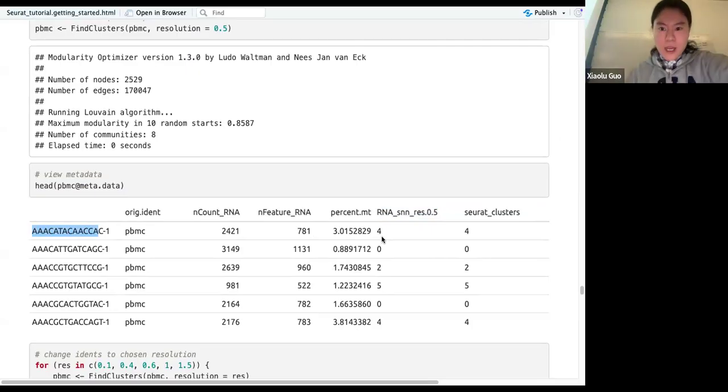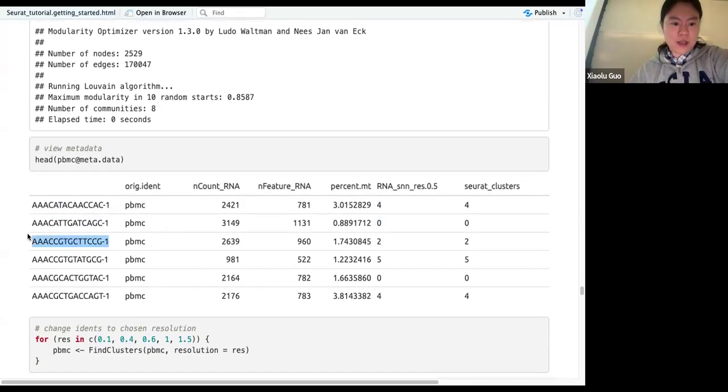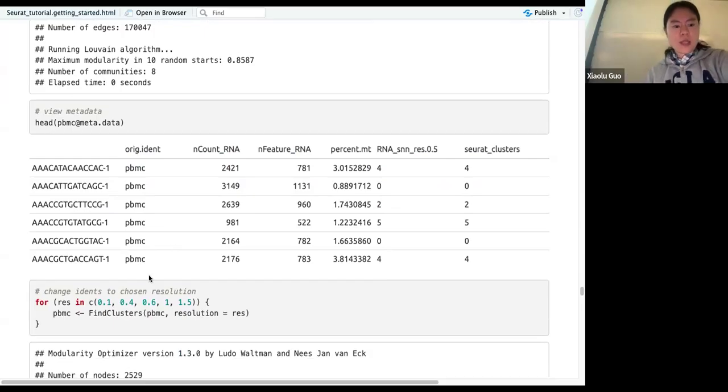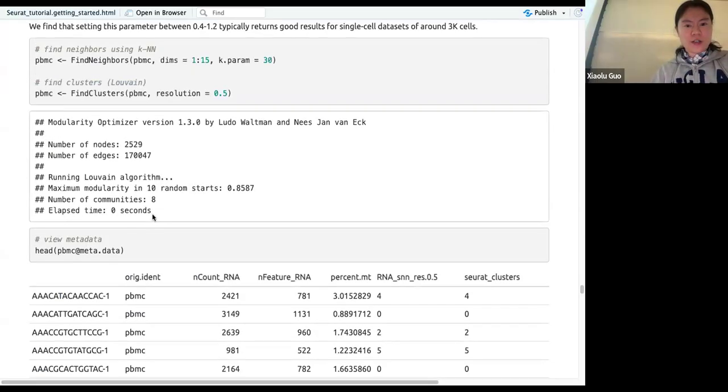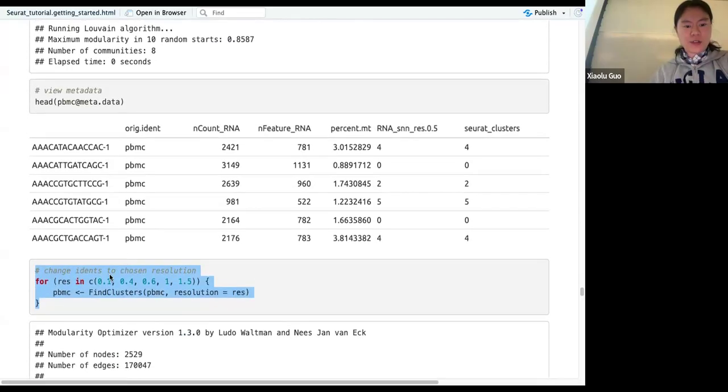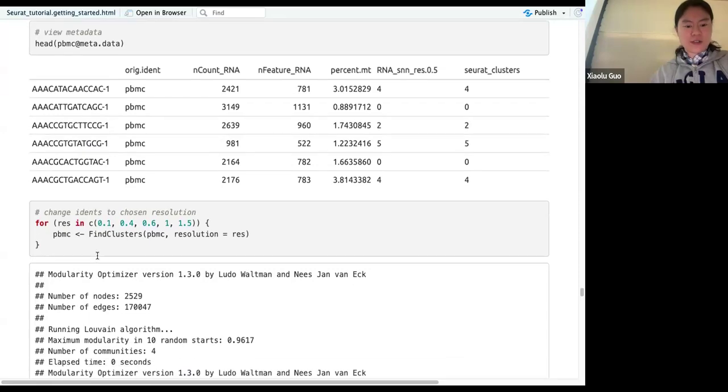And so this is a cell, and we can see that it's clustered to cluster 4, and this cell is assigned to cluster 0, and this cell is assigned to cluster 2, and another cell is assigned to cluster 5, etc. And here, this code is changing the resolution parameter from 0.1 to 1.5, and then we can see different clusters.